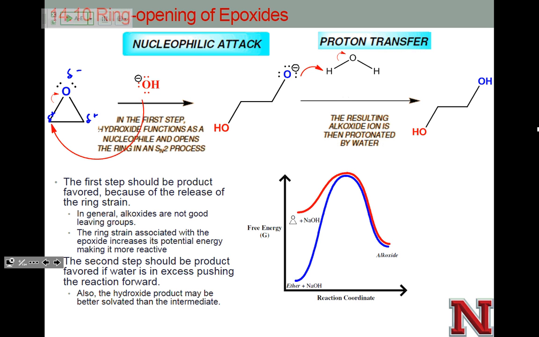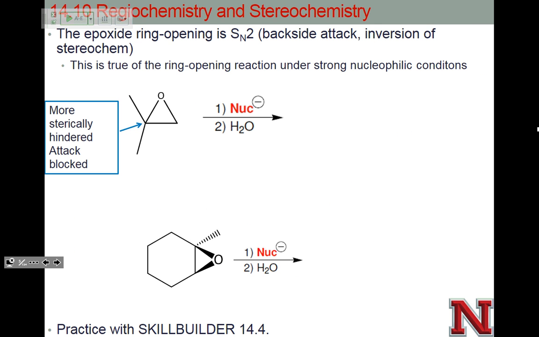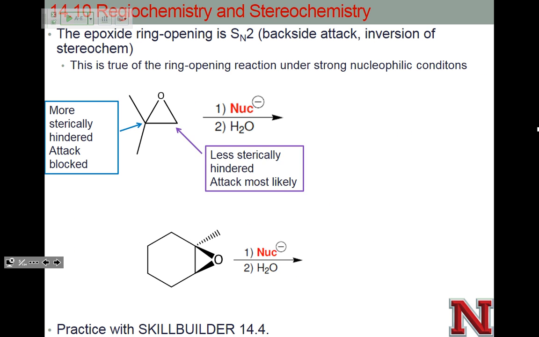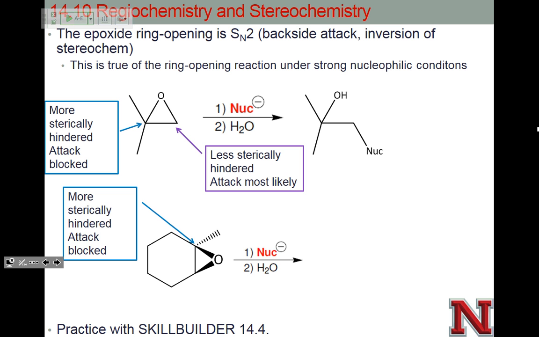Now just because the leaving group is still attached on another carbon of the reagent doesn't make it less of an SN2 reaction. So it's still an SN2 type reaction where the leaving group leaves as soon as the nucleophile attacks. So because of that, the less sterically hindered site is going to be the more reactive site. So the less sterically hindered attack is going to be more likely.